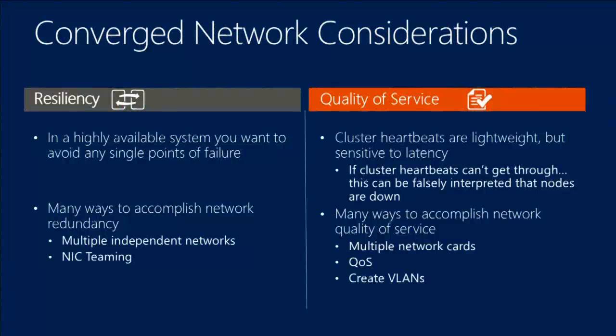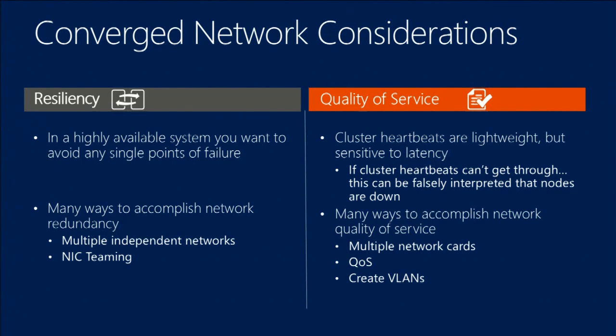So, converged networking model. I already talked about a few things like NIC teaming, or you can have multiple NICs that are configured on different subnets, and both of those would give you the built-in resiliency for failures. So if the NIC goes down, you have the other NIC to actually talk to.